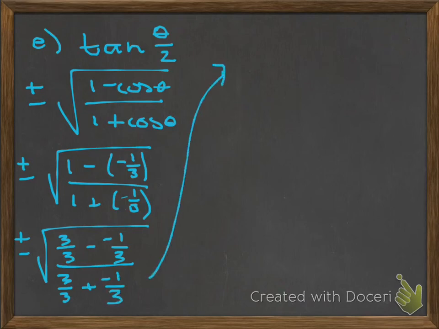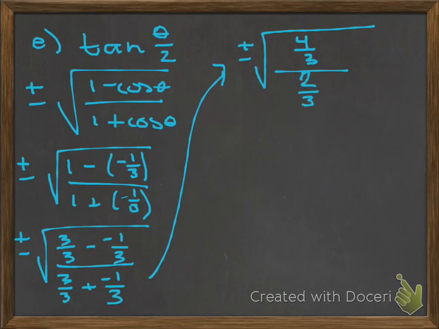And now we put our fractions together, now that we have those common denominators. So the top fraction would be 4 over 3. Bottom fraction will be 2 over 3. And now we keep change flip. So 4 over 3 times 3 over 2.